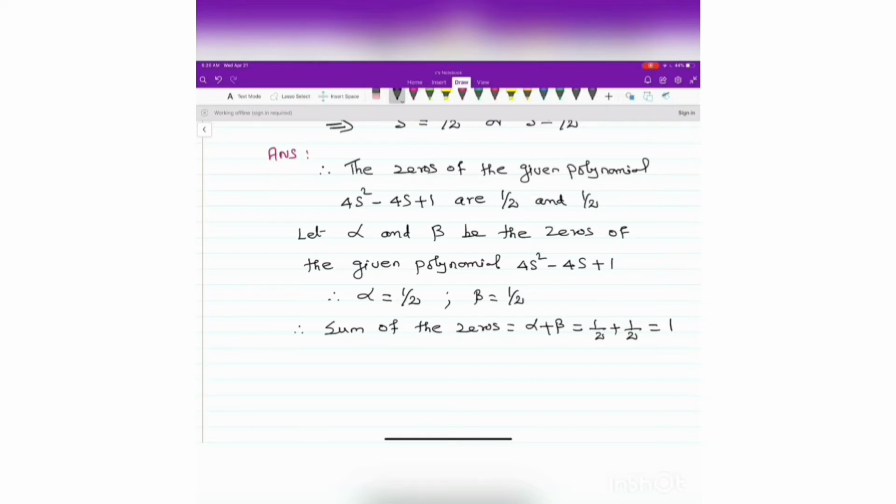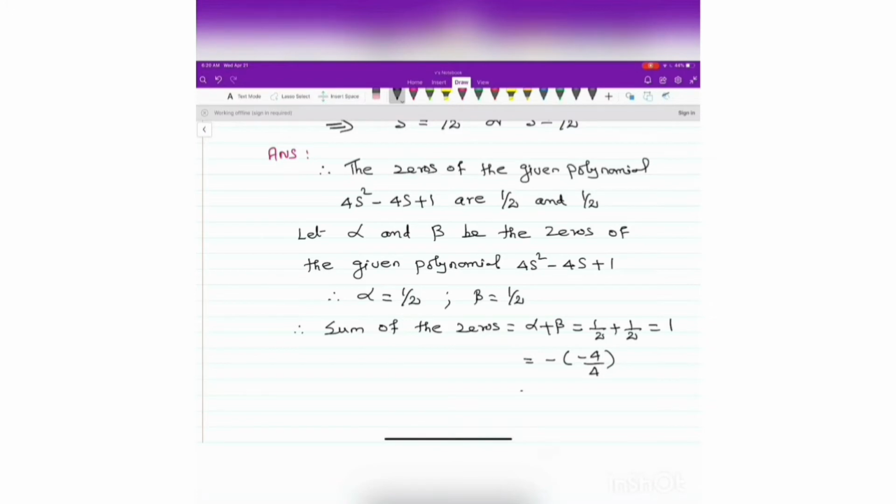I can write this 1 as minus of minus 4 by 4. I am just making a slight modification, that's all. That will give me 1.